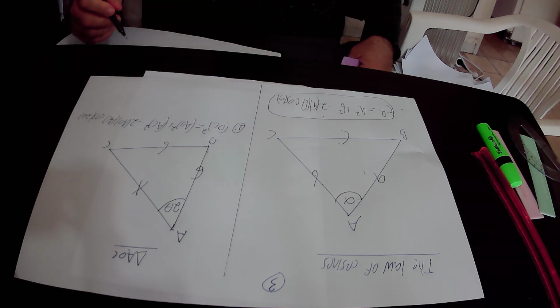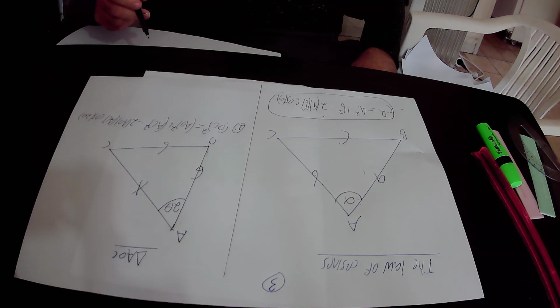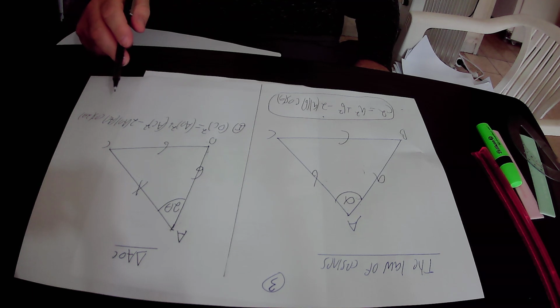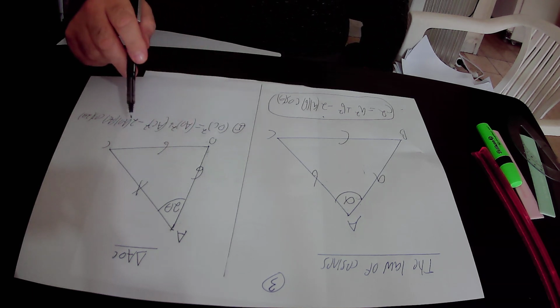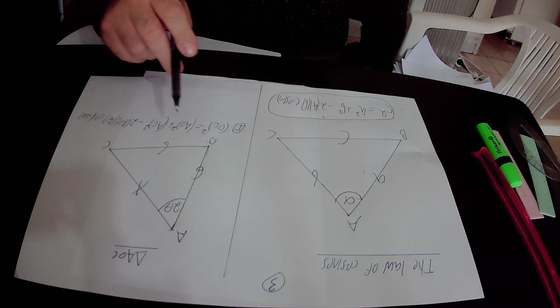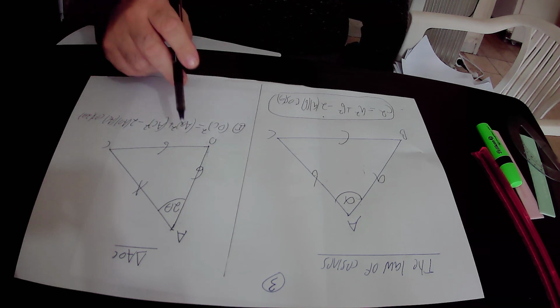I repeat again, according to the law of cosines, OC square equals AO square plus AC square minus 2 times AO times AC times cosine 2 theta.